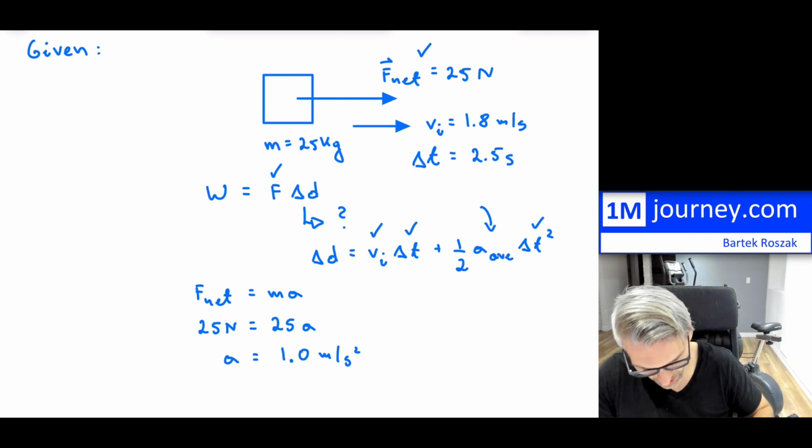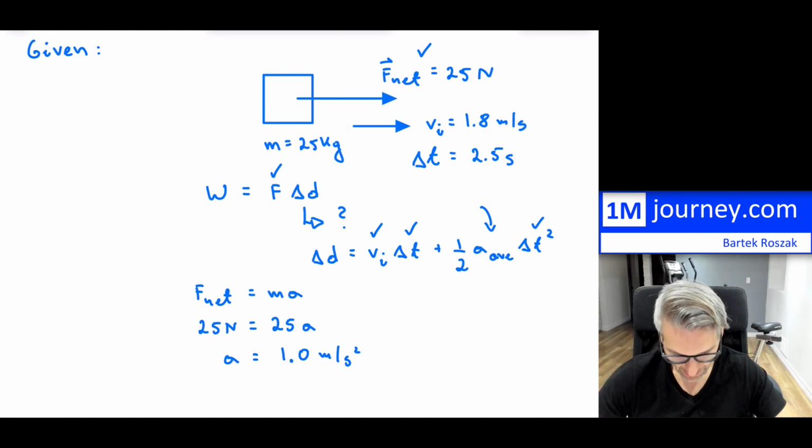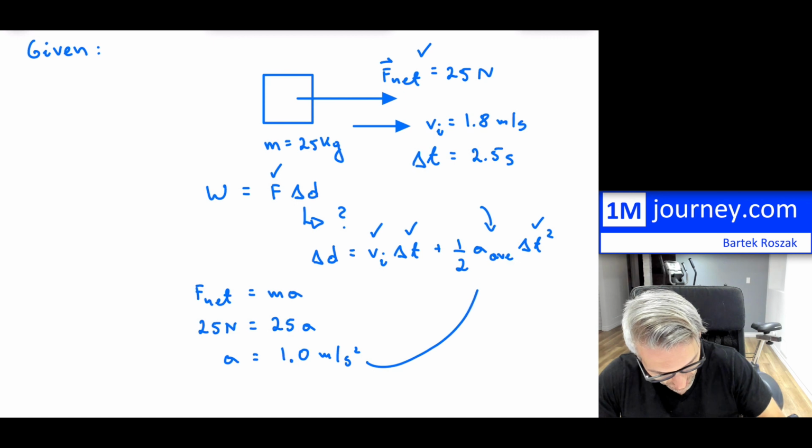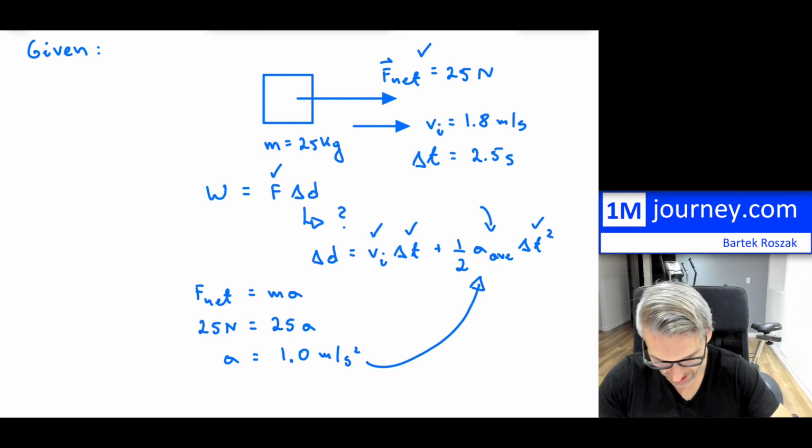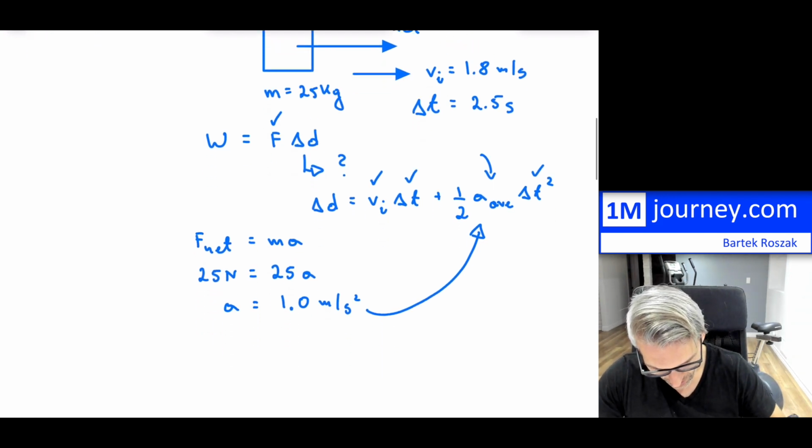All right, so I'm just going to write it like that. So now that I have this, I can substitute it back into here, and that's going to give me the total distance, right? So in terms of the total distance which is covered, if I bring this entire thing down, delta D is equal to, so now this is going to be 1.8.